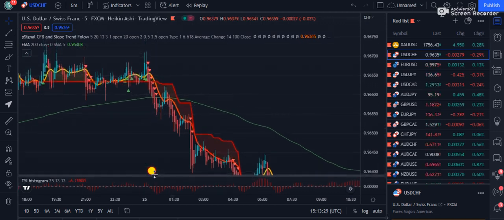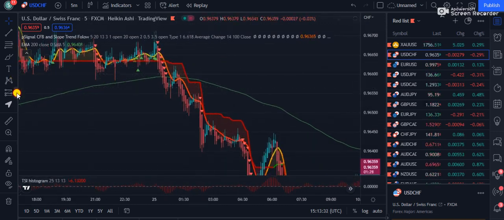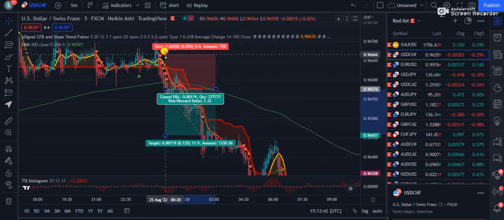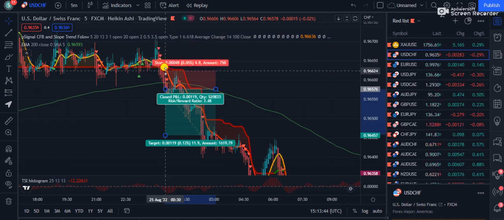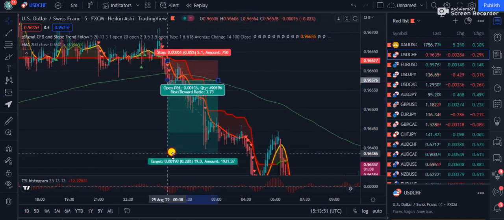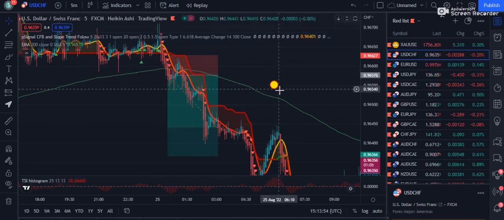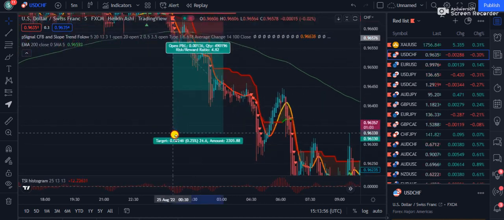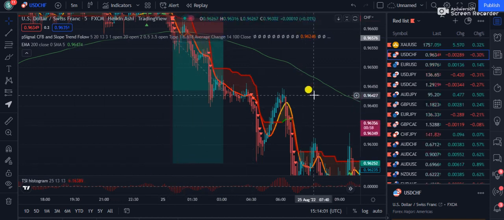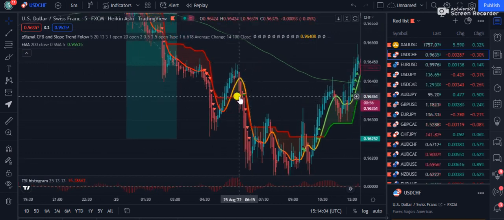So I'm going to drag it a bit down, and let's see if we have taken our short position exactly from here, and if we set up the stop loss, because when you are trading the EMA, I have already told you in my videos that you will set up a stop loss just a little above the 200 EMA, and then we can easily see how much we were able to catch from this trade, and we were able to catch like 6.35 ratio on that trade.